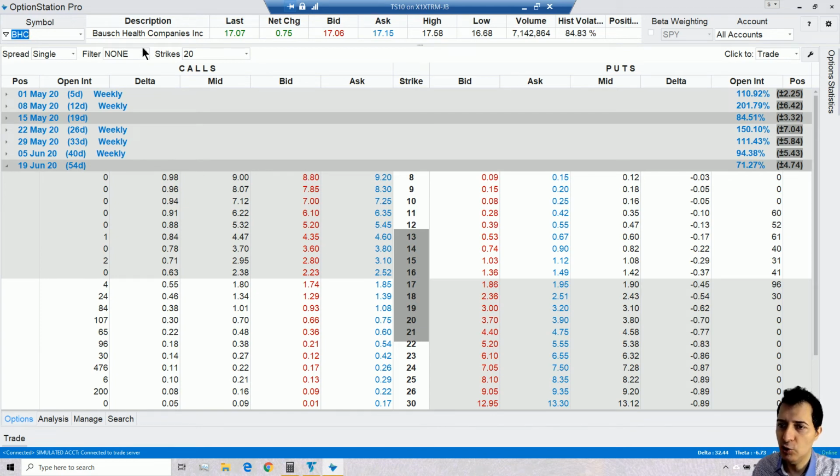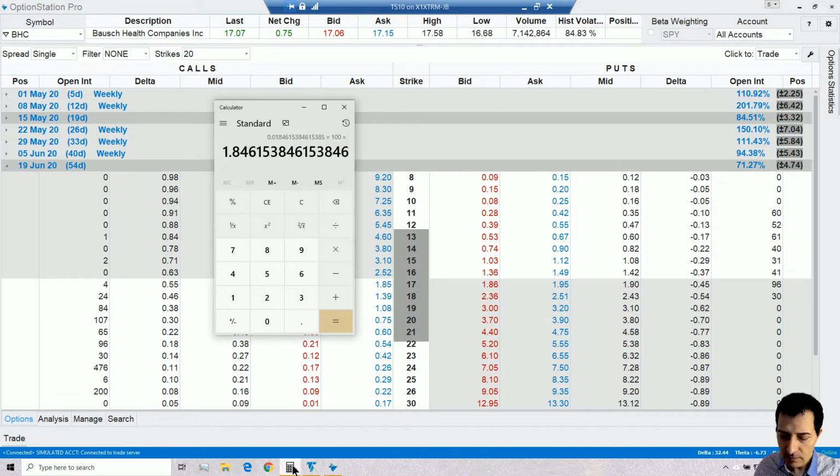The price of the options is 185, given that the stock has a price of about 17 times 100 shares. So I add a couple of digits: 185 divided by 1,700 is about 10%.